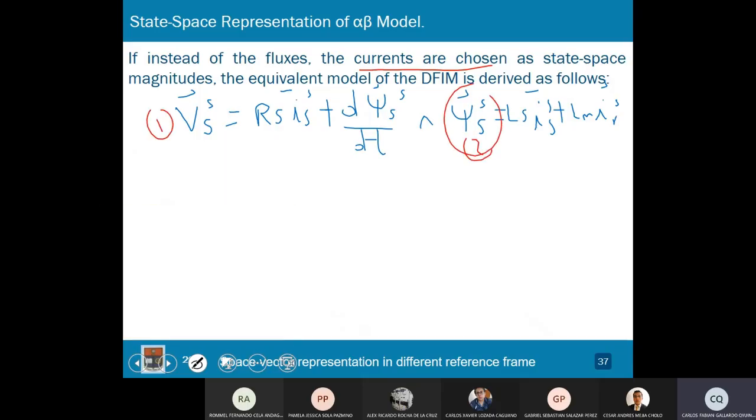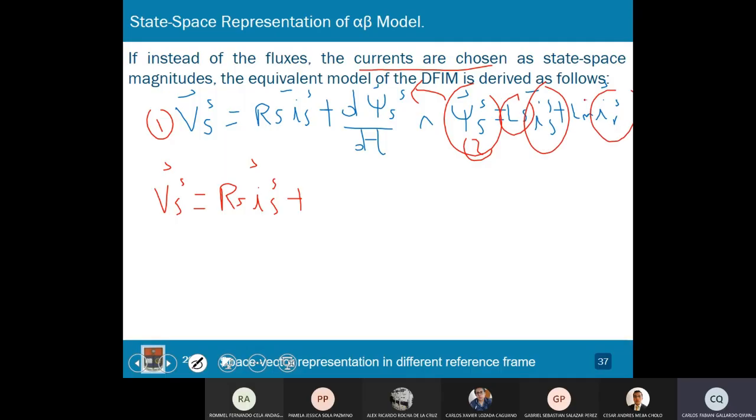So substituting equation number 1 into equation number 2, I will get the stator voltage space vector equal to the stator resistance times the stator current space vector plus the derivative of this current and the derivative of this current.